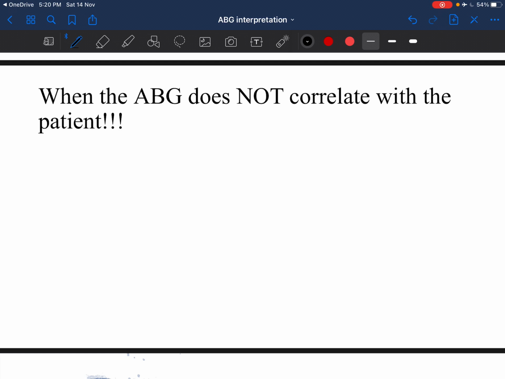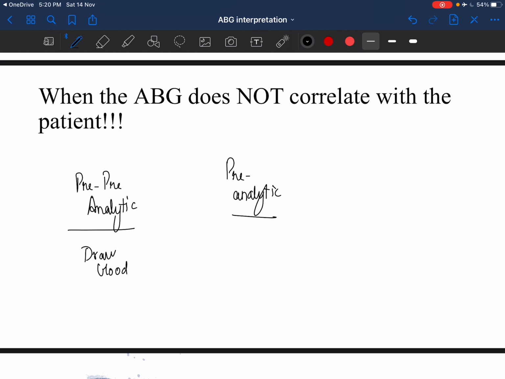The patient is worsening but the ABG looks like it is improving, because there is a problem in either the pre-analytic phase, which is where we draw blood, or the analytic phase. The post-analytic phase is what is done in the lab just before analysis, and the analytic phase obviously is done in the lab.